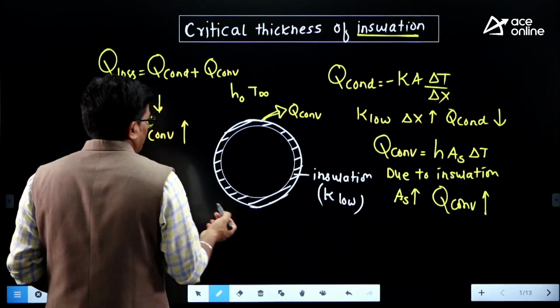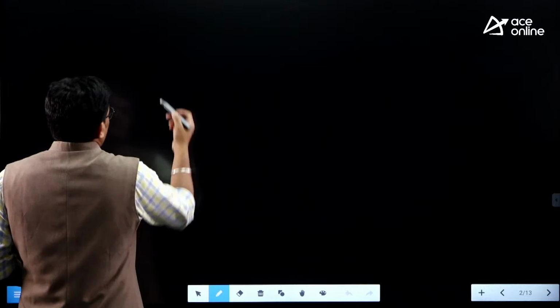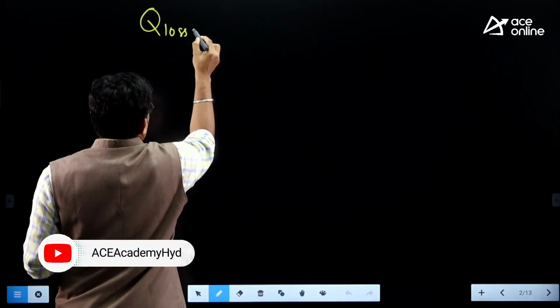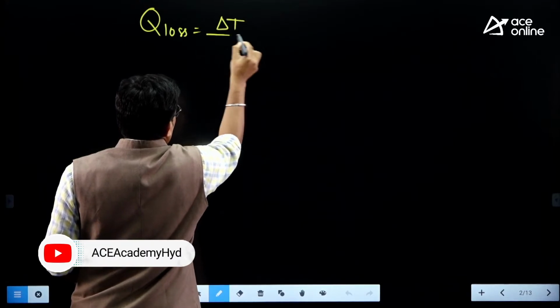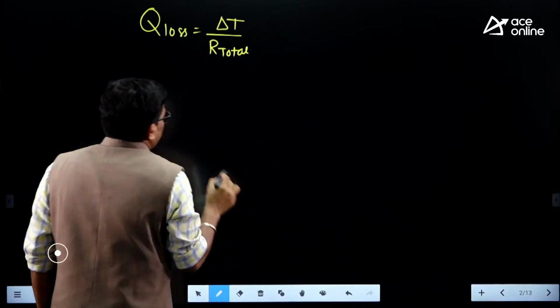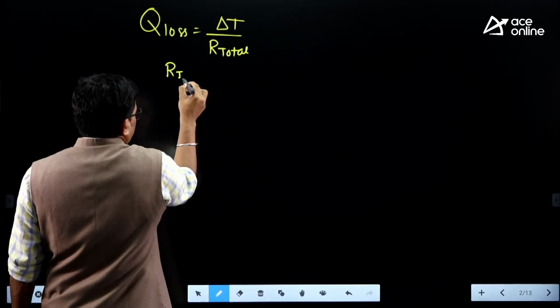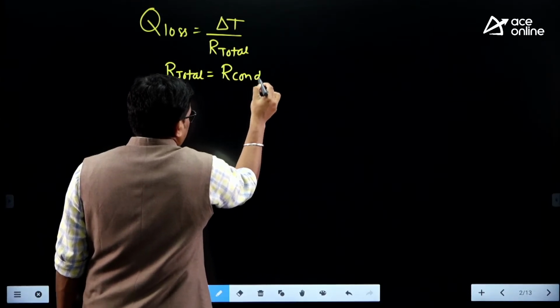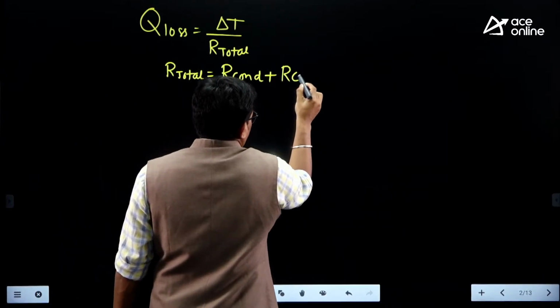So suppose you write like this, Q loss is equal to delta T by R total, and that R total is equal to R conduction plus R convection.